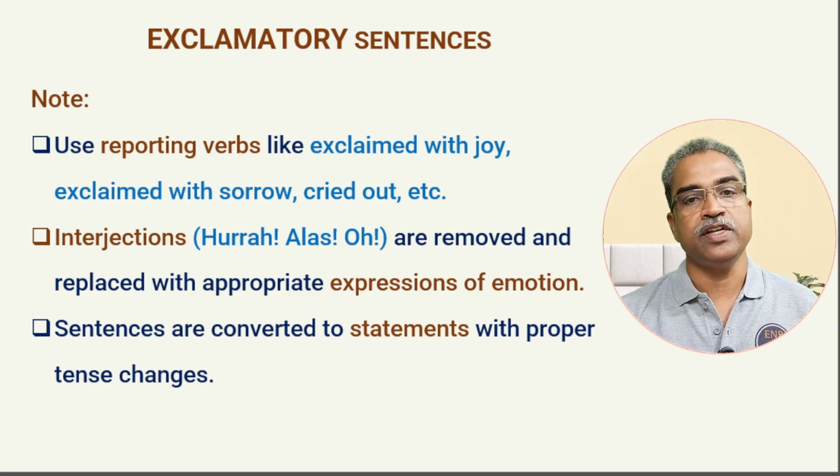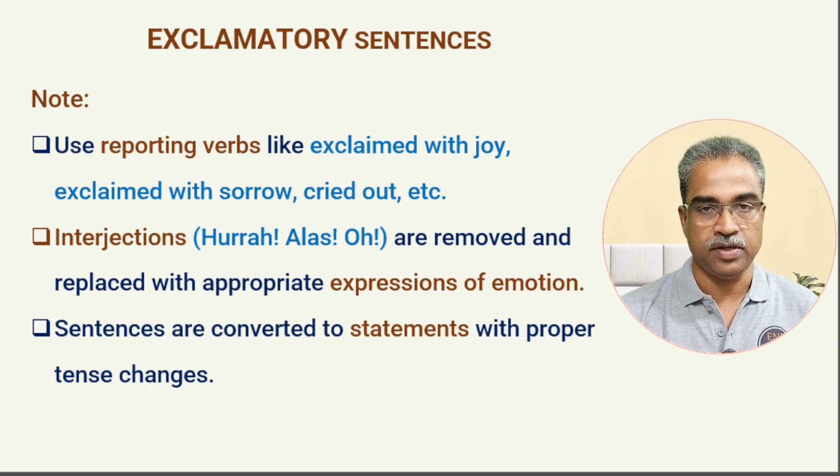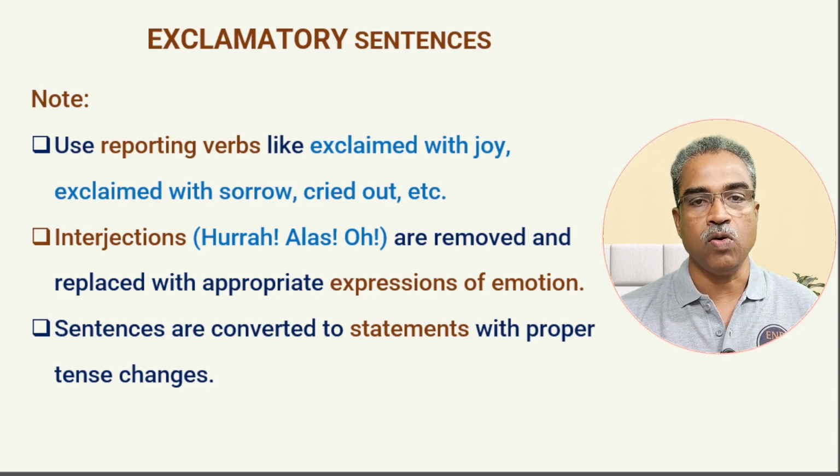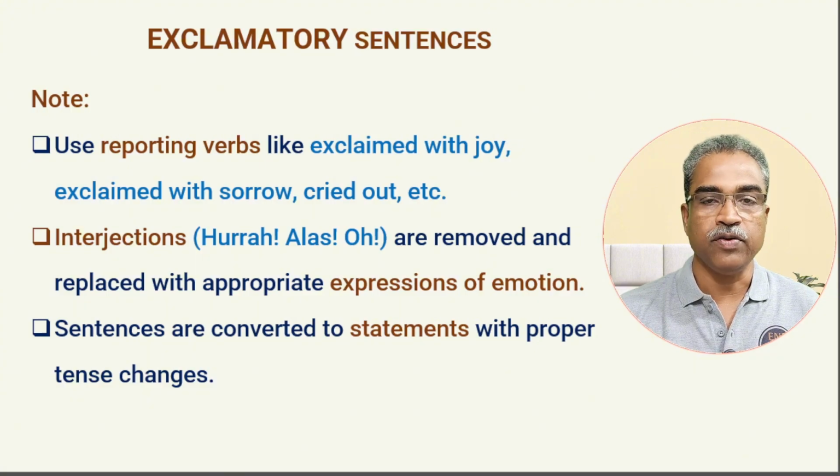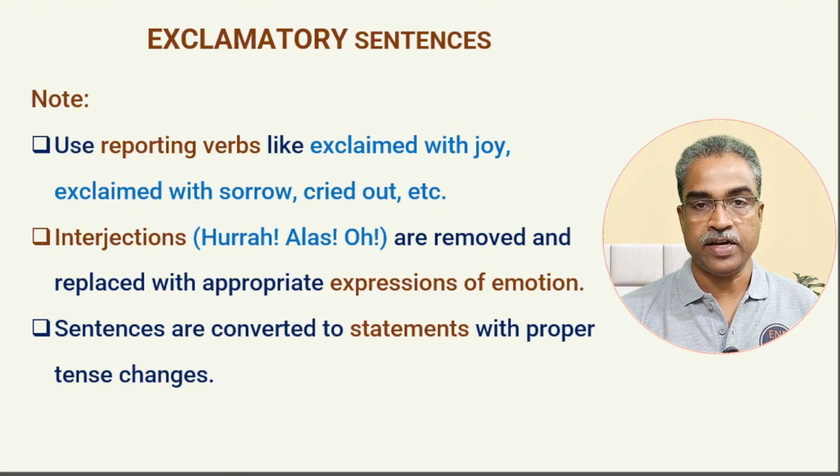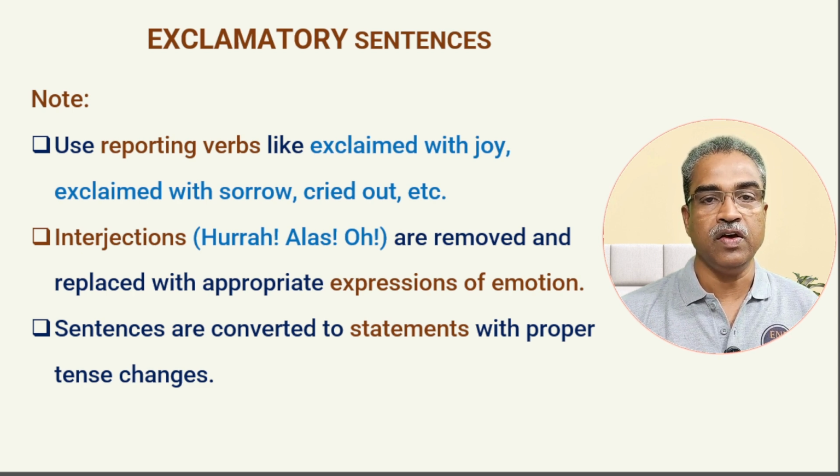Exclamatory sentences are a strong expression of emotions. So you need to listen to the speaker and understand what emotion he was trying to express. Accordingly, you can make changes in the reporting verb.